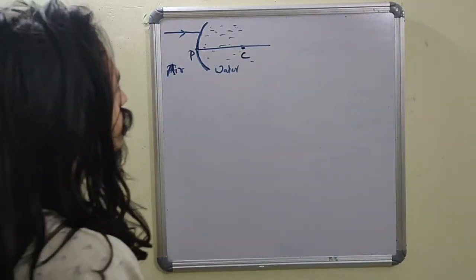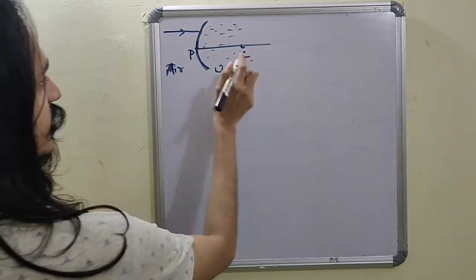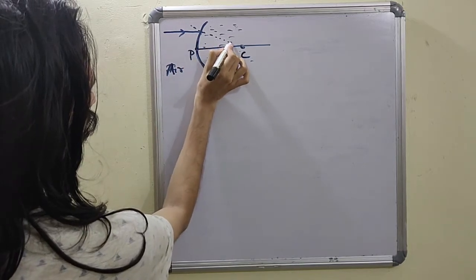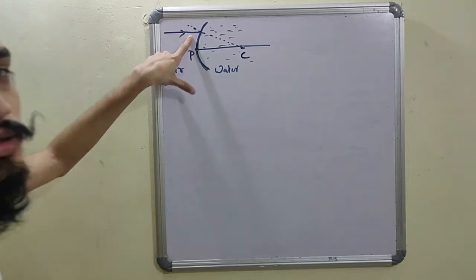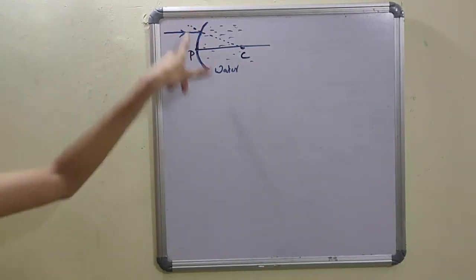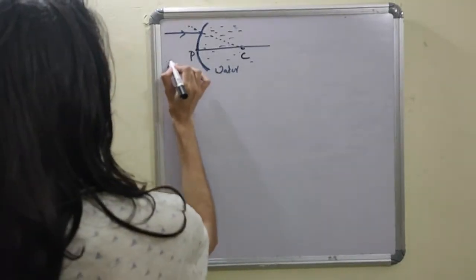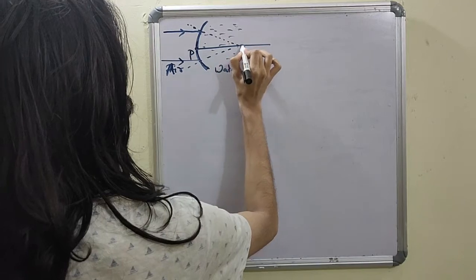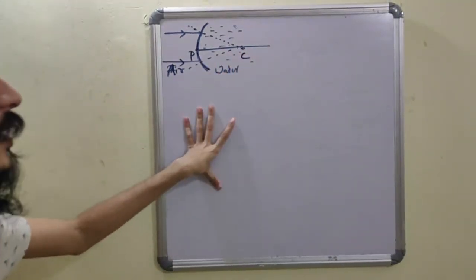So we know one thing, that the center of curvature is nothing but the point from which you can draw a normal to where the light is meeting the surface of this curved surface. So I know that from wherever my light comes, it will behave only as per that normal to that point.